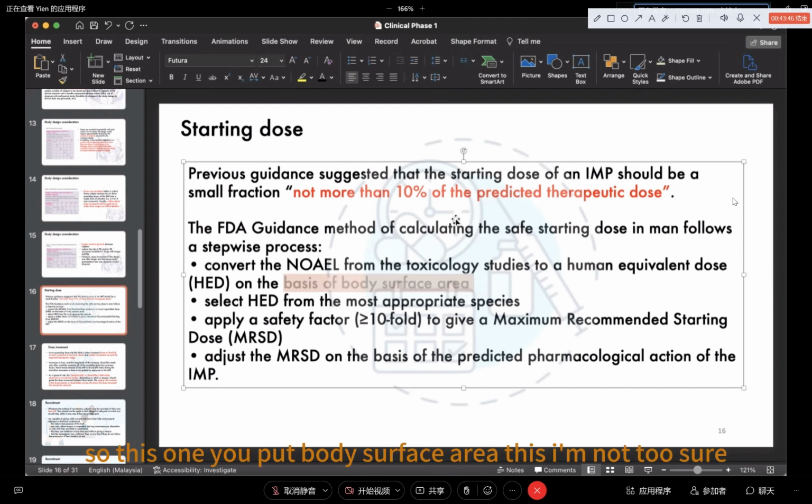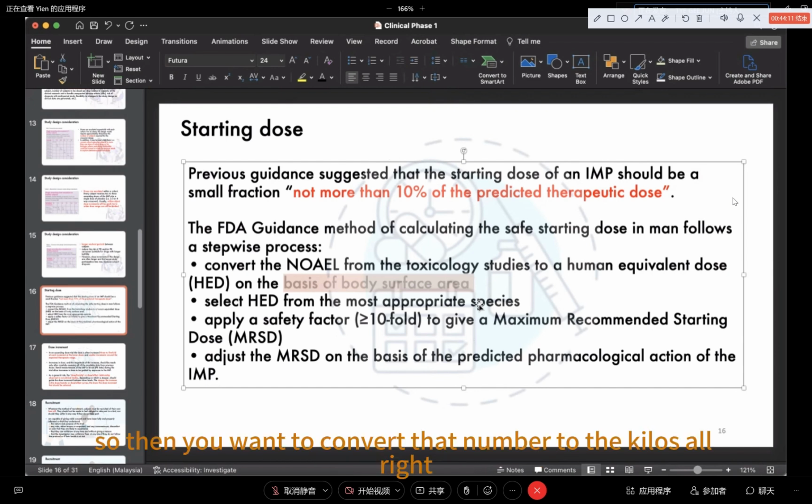So this one you put body surface area. This I'm not too sure, but normally it's through body weight. So, for example, let's say the mice tolerable level is 1 nanogram per gram of the mouse. Then when you want to scale it up to a human, say for example, the person is 50 kilos, then you want to convert that number to the kilos.